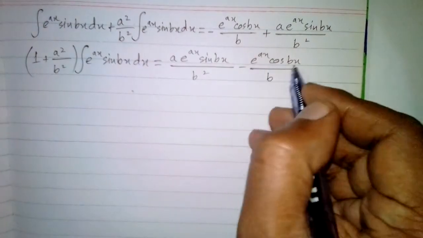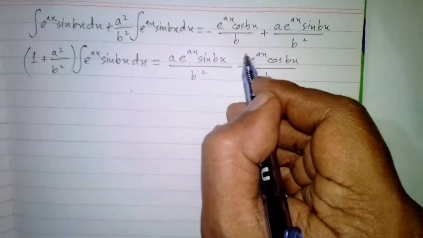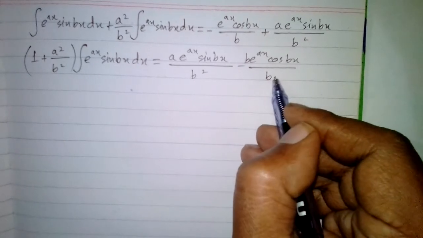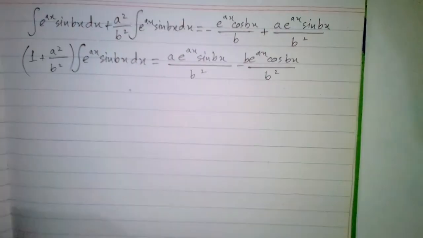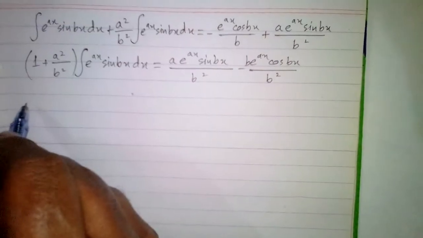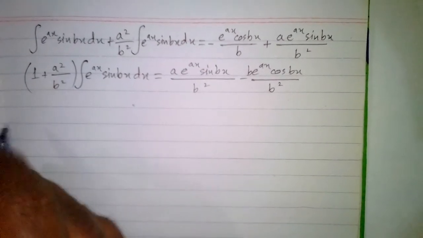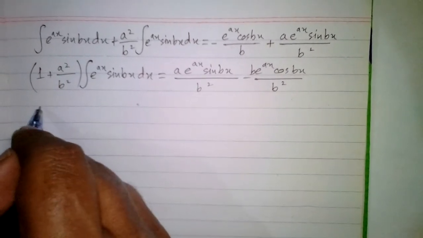Now we can multiply this factor by b and also divide it by b, so we have b square in the denominator, and then here we will simplify these fractions.